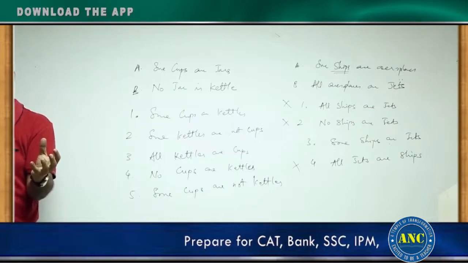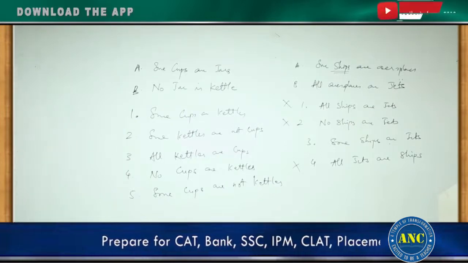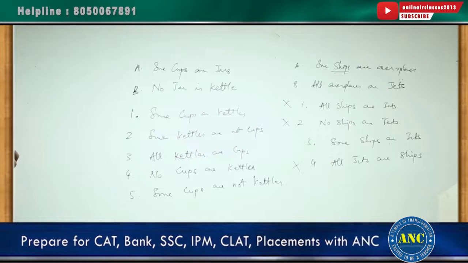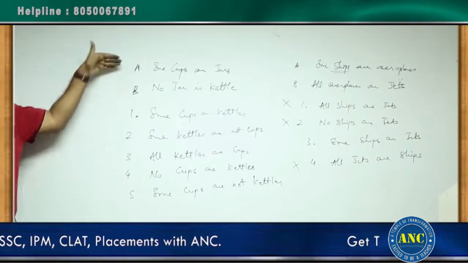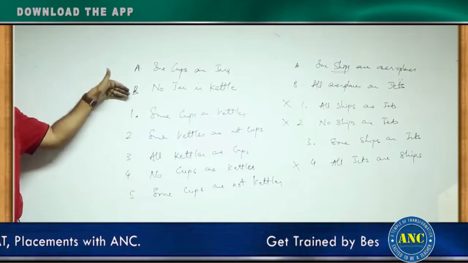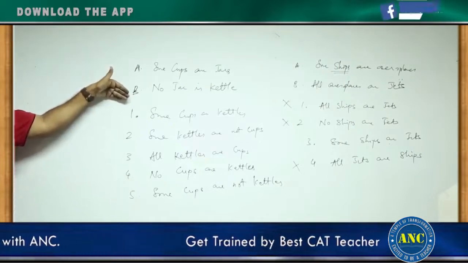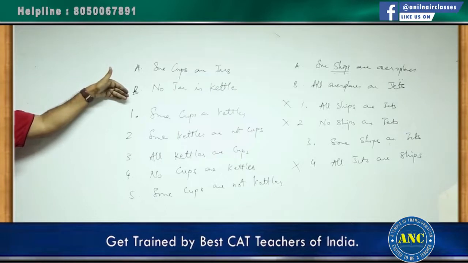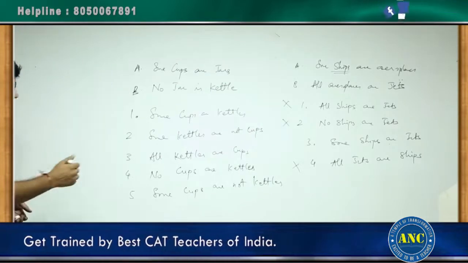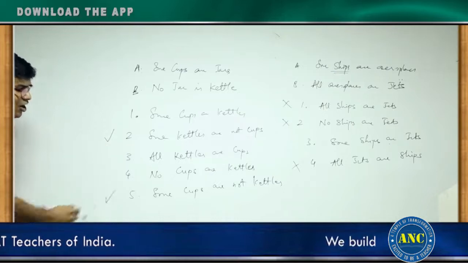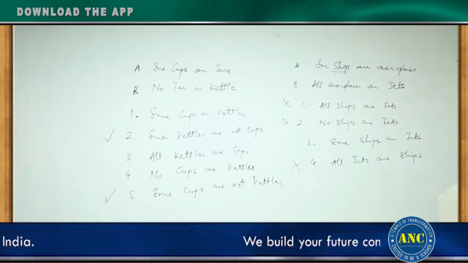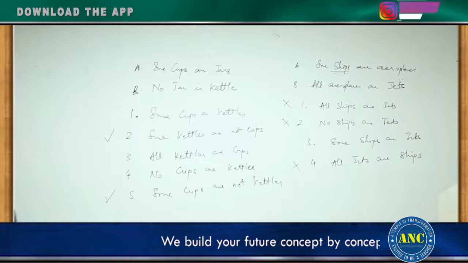No, sir. Can I have an affirmative inference? No. It has to be a negative inference and a particular inference. So whenever you have premises as particular and negative, your inference has to be particular negative. So answer ये दोनों में से कोई एक हो सकता है. Some kettles are not cups हो सकता है या some cups are not kettles हो सकता है. बाकी सब बेकार है.